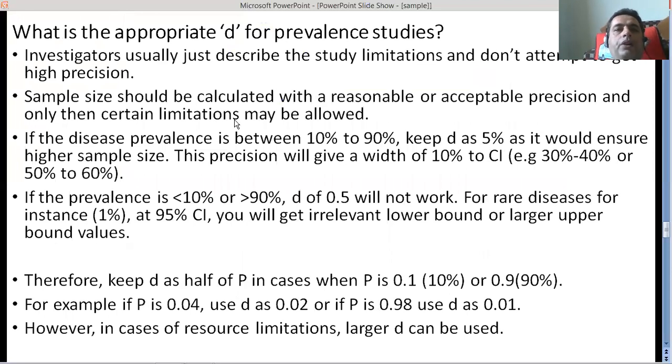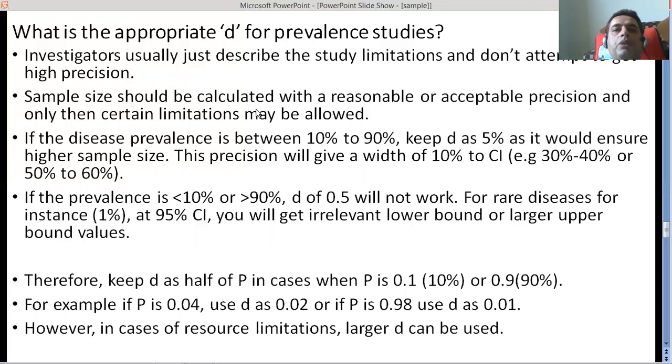What is the appropriate D for prevalence studies? This is a very important question, and investigators usually describe the study limitations and don't attempt to get high precision. Precision is very important, but most of the investigators would not take great care, and they would just start to describe the study limitations, that we did not have enough resources to conduct the studies, or we had some other kind of limitations, which is not a proper approach.